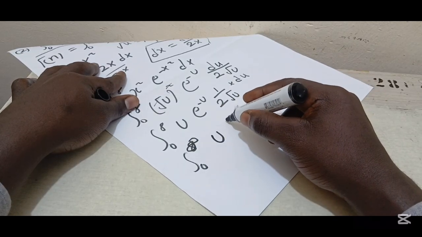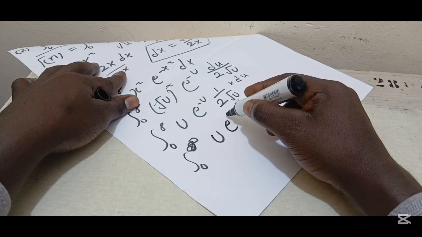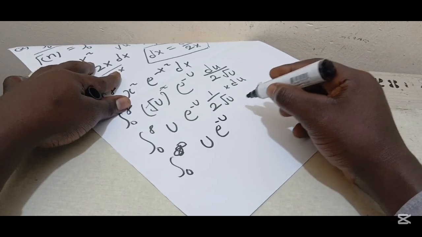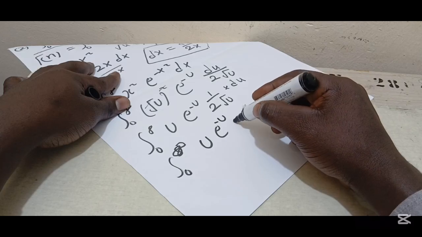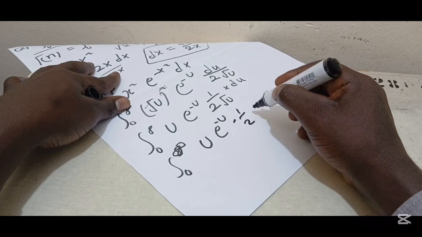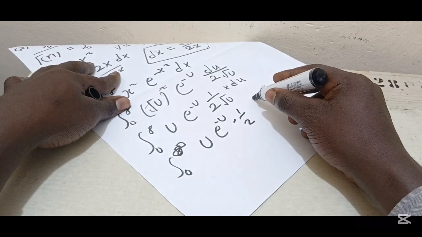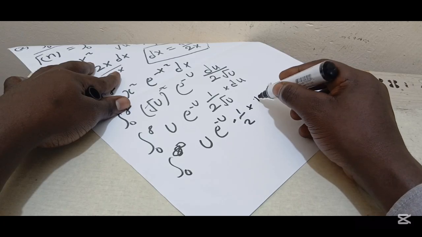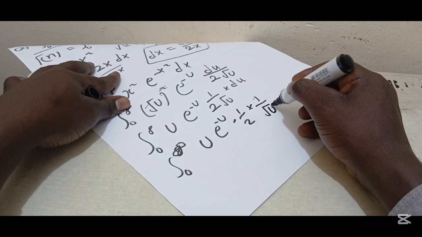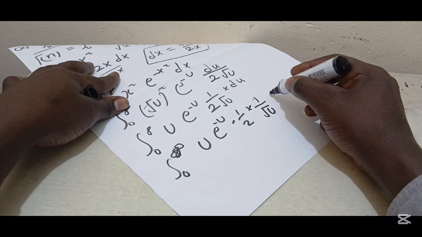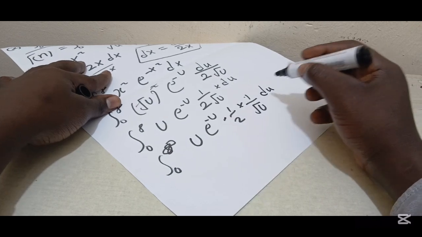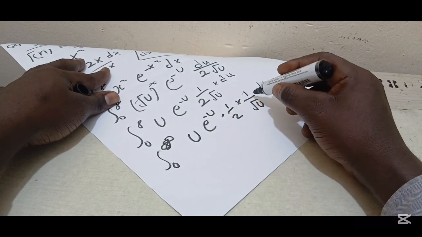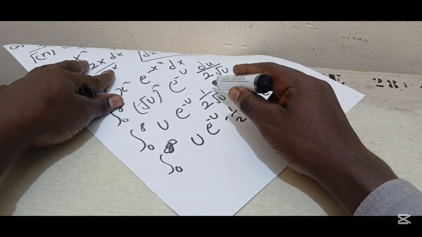So u e to the power minus u multiplying half multiplying 1 over root u du. This term here is just the same as this.